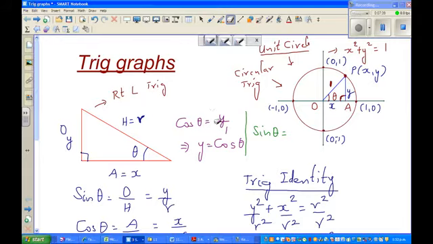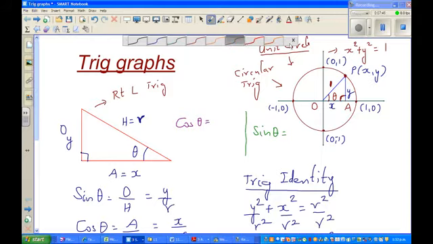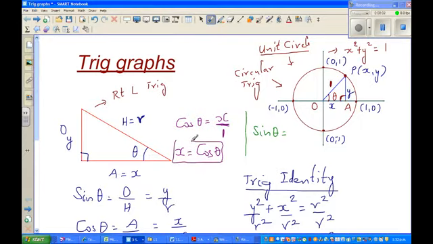Cos is adjacent over hypotenuse. The adjacent of theta is x, so it is x over r, and the radius is 1. The hypotenuse is 1, so I can say x is equal to cos theta. Sorry for this mistake.